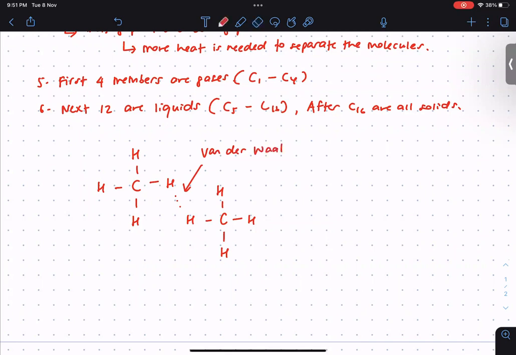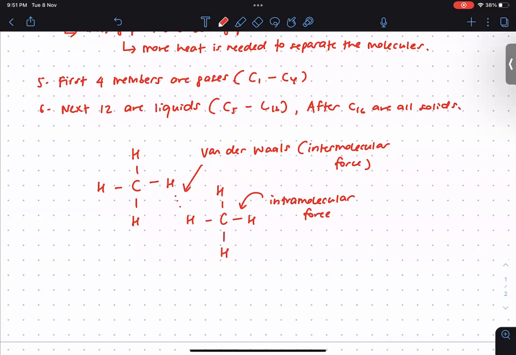So we call this an intermolecular force. And this one here is called intramolecular force, which is within the molecule.